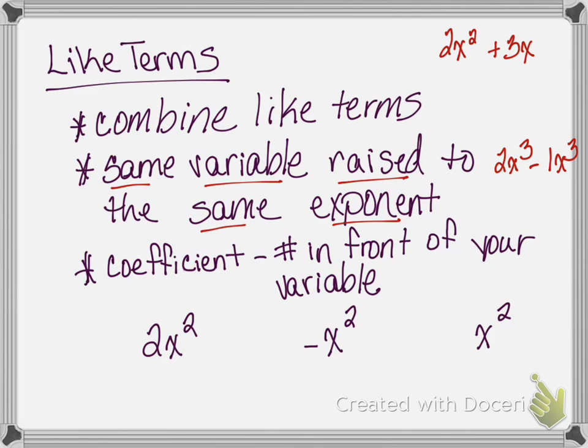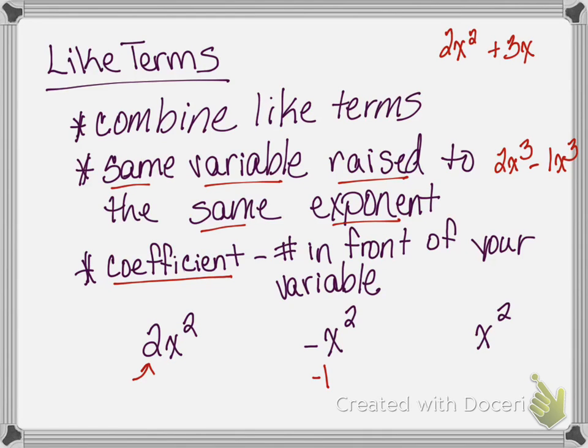Okay? Another term that I want you to be aware of is coefficient. Coefficient is the number in front of your variable. So in our first one, 2x squared, the coefficient in front of that is the 2. Okay? In negative x squared, the coefficient is the negative 1.